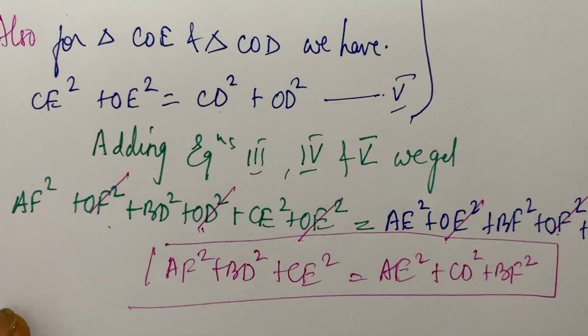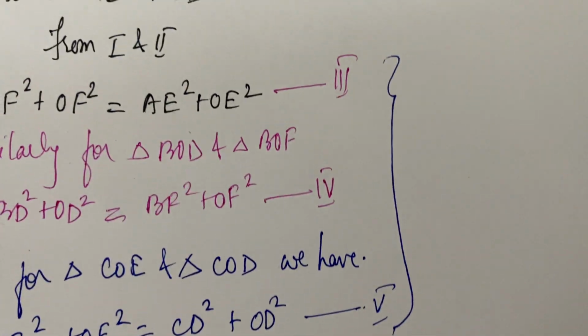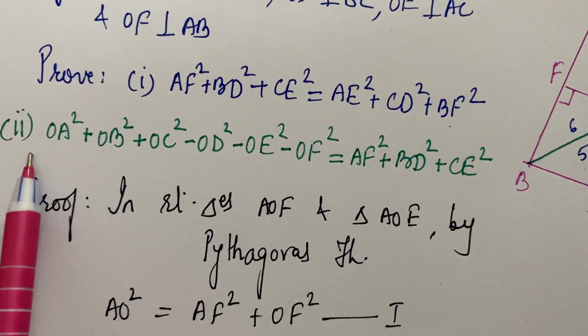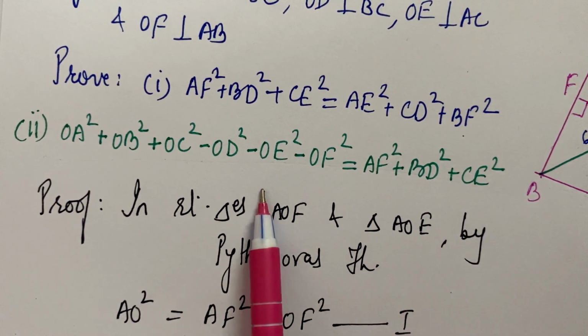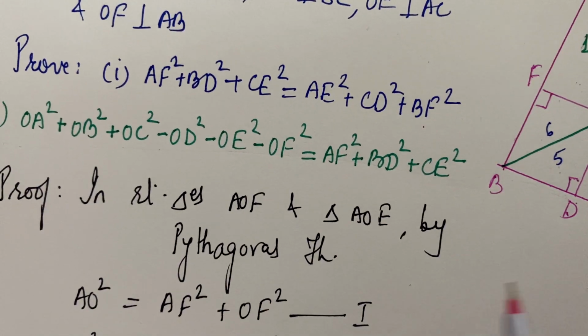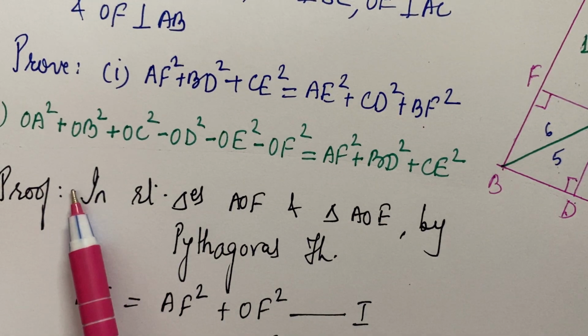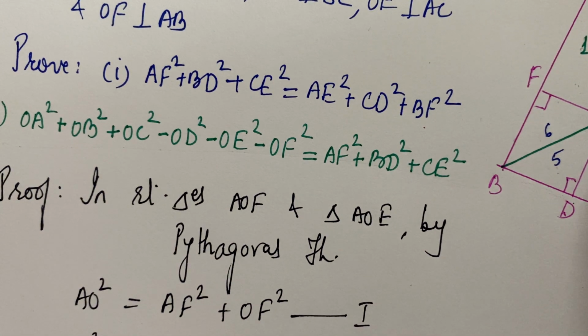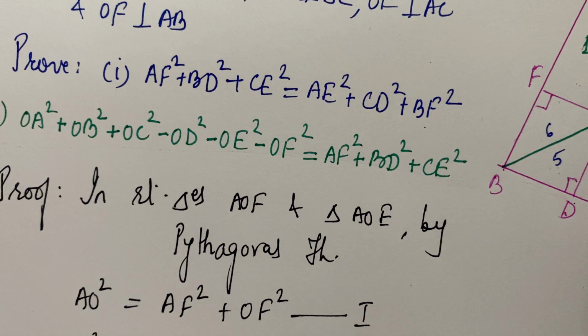Got that? Now we come to the second claim, which seems to be very, very big. Look here. Okay. Now you want, if you look at the claim, you want OA square minus OD square, AO square, okay, plus OB square and plus OC square.